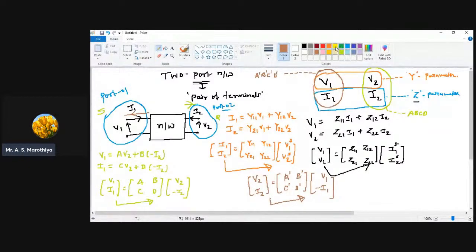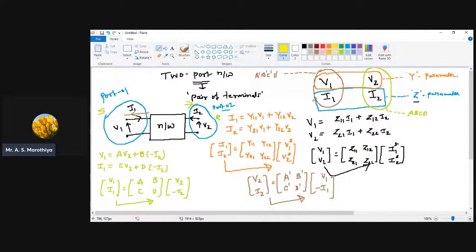Then we also have two more conditions. It may be possible that someone takes one parameter from port 1 and another parameter from port 2. That means we are clubbing parameters from two different domains, because we take one parameter from port 1 and one parameter from port 2.